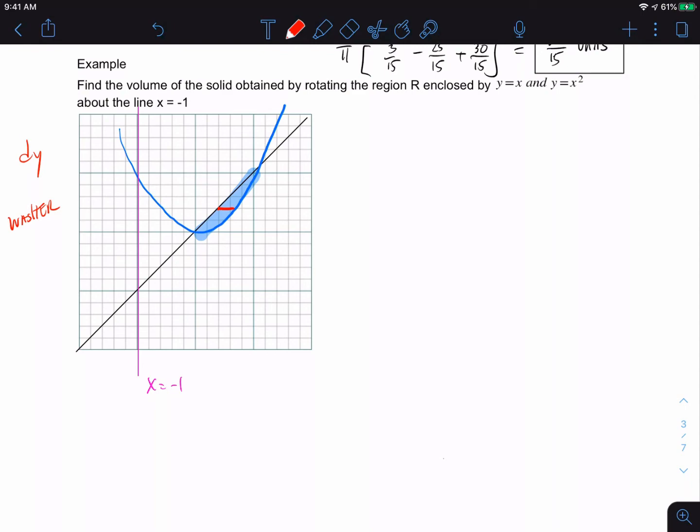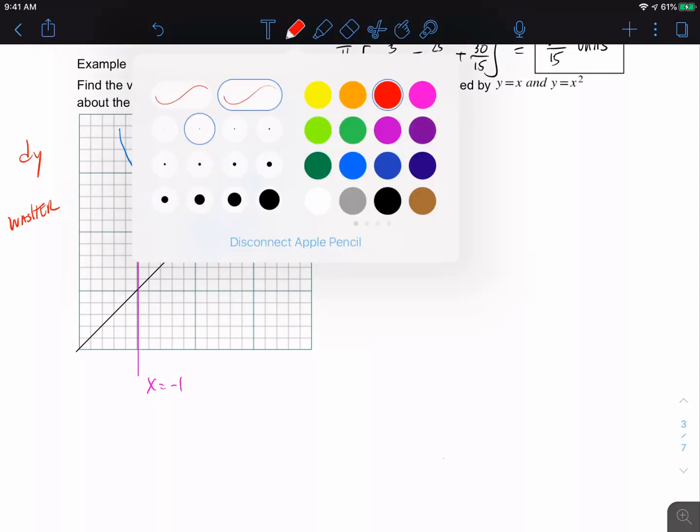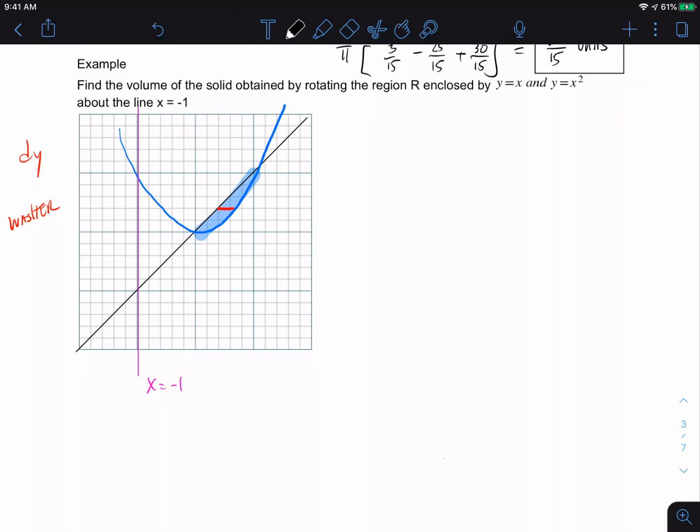So that means we need to have an outer radius and an inner radius, correct? So please tell me what you think the outer radius will be. And remember, it has to be in terms of y in this case, because our integral is a dy. Square root of y. Okay, very close.